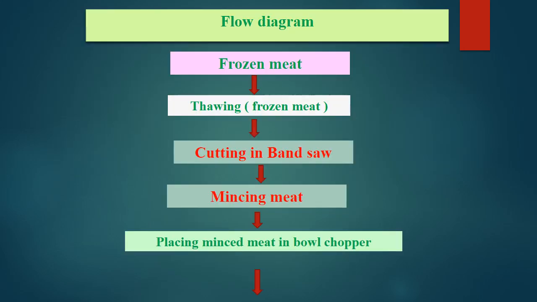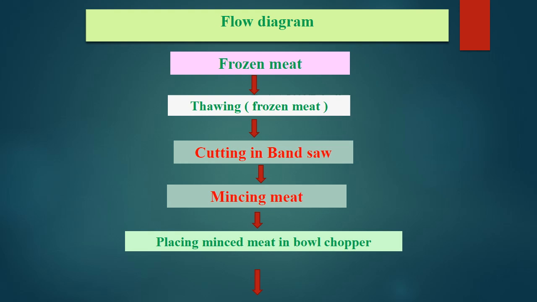Here I will explain the flow of operation. First we should have the frozen meat, and in case of small scale operation like 5 to 10 kg, we can thaw the meat partially and separate it with the help of a knife. But in case of industrial operation on a large scale or regular operations, we need not go for thawing.